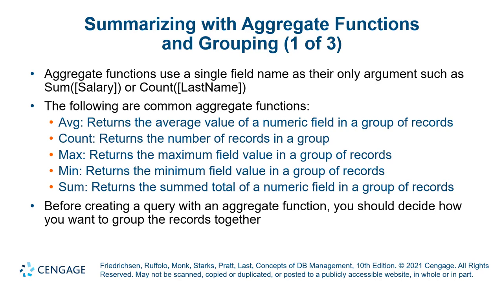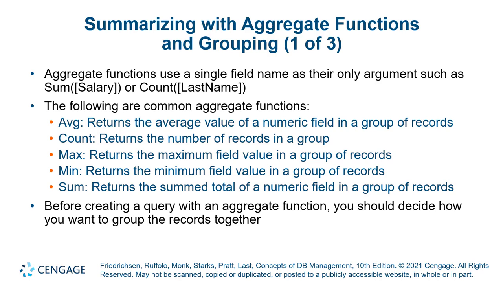So if we're trying to figure out the maximum value of a field and we're treating each record separately, it's just going to return every single record, because that one record is going to be the max, the min, and the average. So we need to group them together somehow so that we can determine a maximum amount or an average and things like that.